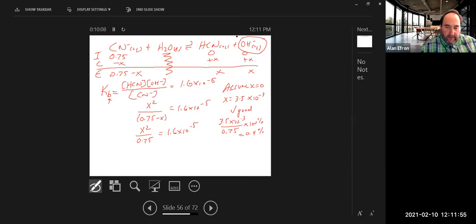Again, important to remember from our ICE table here, x does not equal the H plus, but in this case it does equal the OH minus, which would be our 3.5 times 10 to the minus 3, allowing us to go into our pOH first.